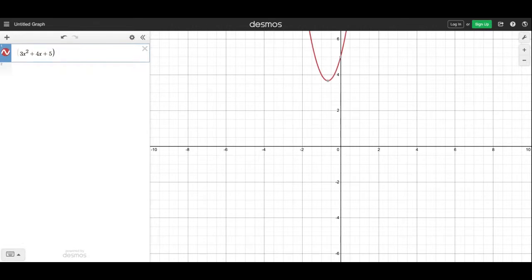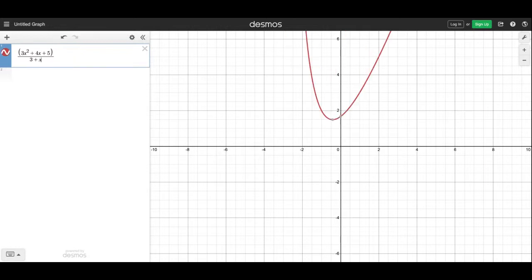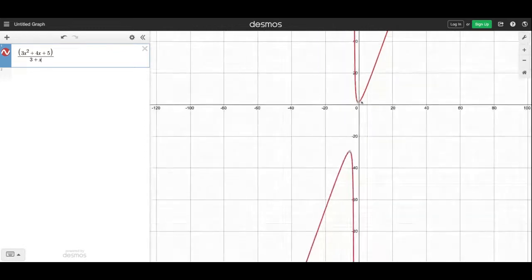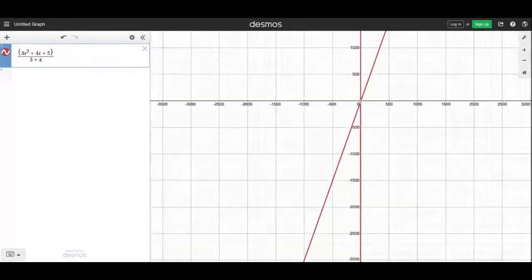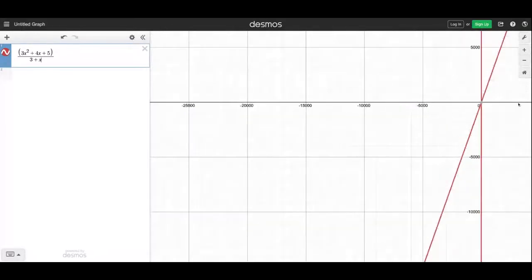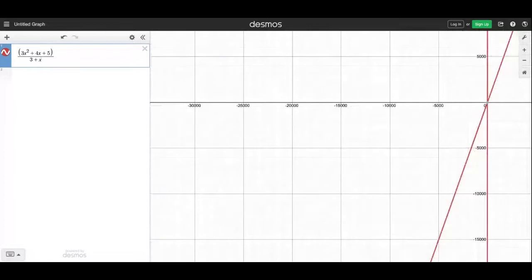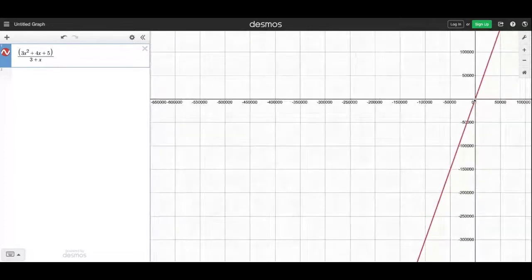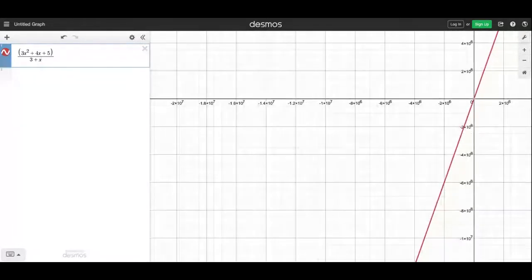So 3x squared plus 4x, and then the whole thing is divided by 3 plus x. I did not know what the graph looked like, but now take a look. As it gets farther and farther out toward infinity, look what the graph is doing. It's going up, up, up, up, up.